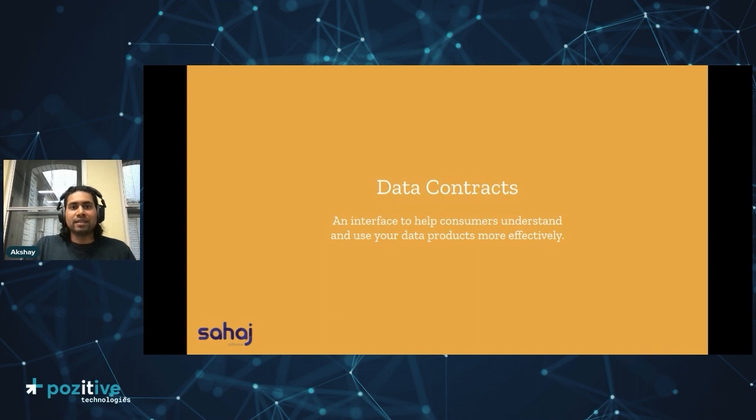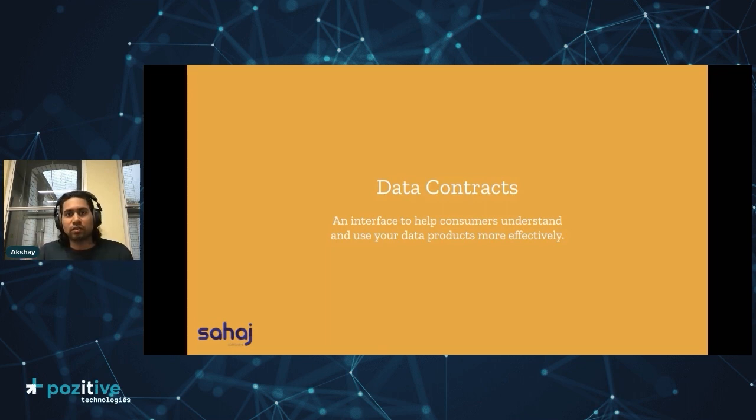And the reason this is important is because it goes to the next concept, where each of those links between the data products forms a kind of contract. A data contract is basically an interface that helps your consumers and producers understand each other's expectations.